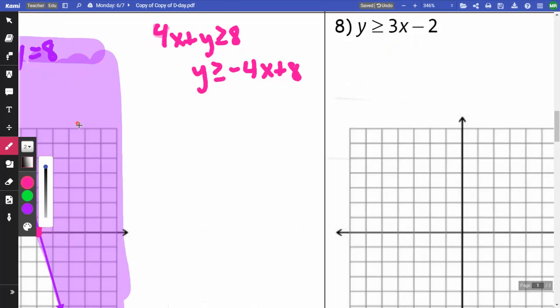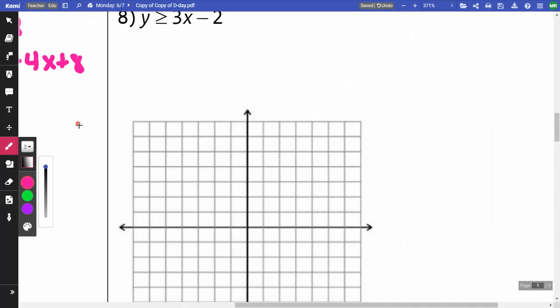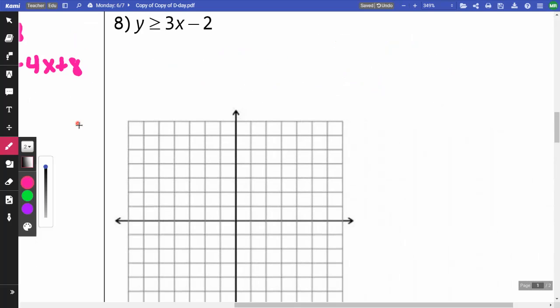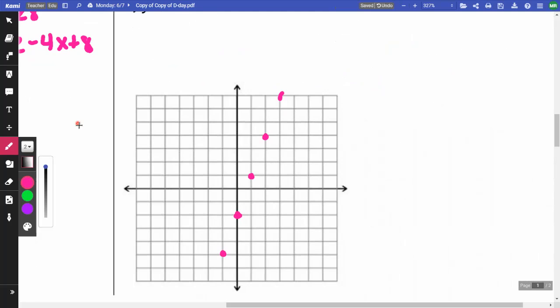On number 8, this one is in Y form. I have a y-intercept at -2, and my slope is 3, so I'm going to go up 3 over 1 to the right. And let me get my line.